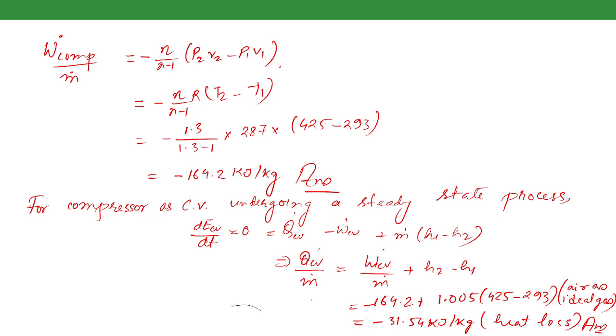So this is the work done, and this is the heat transferred per unit mass. I hope it is clear to everybody. If there is any doubt, you can ask, else we will move on to the next problem.